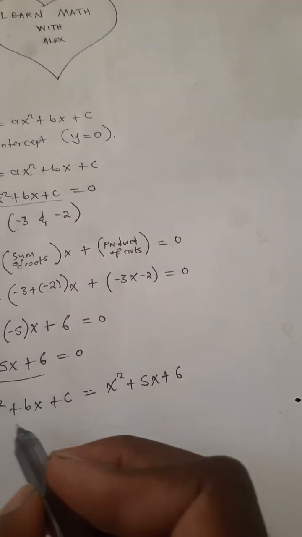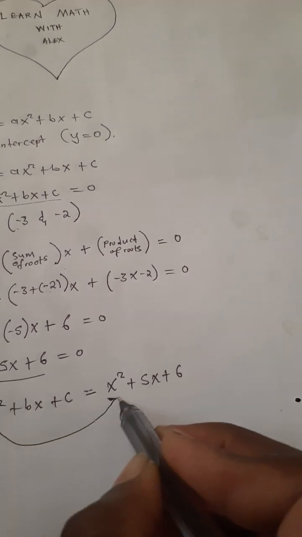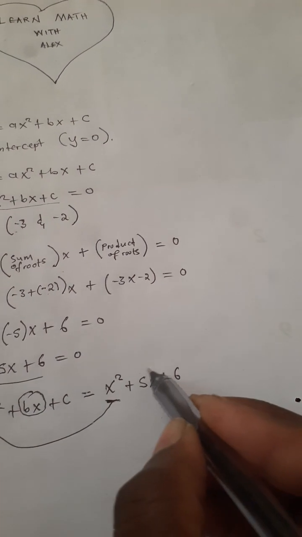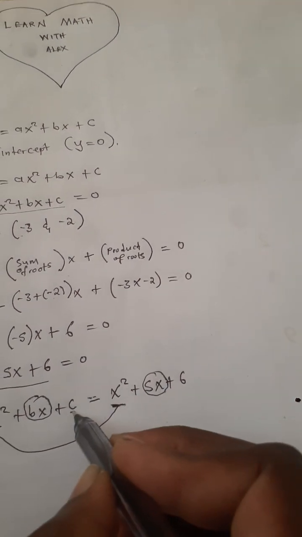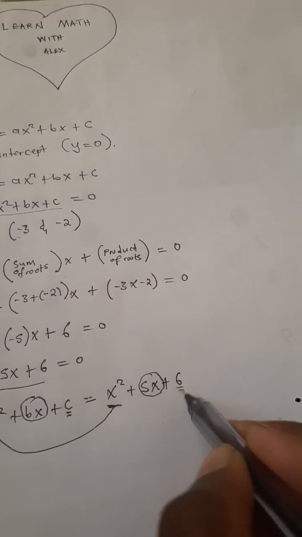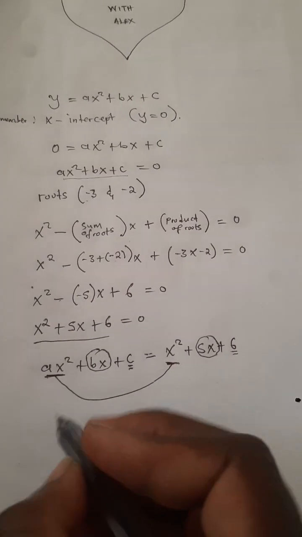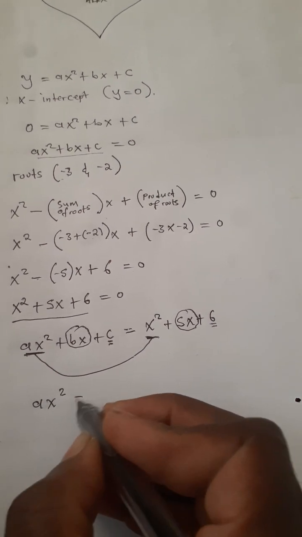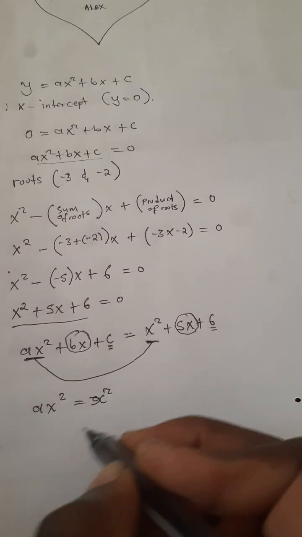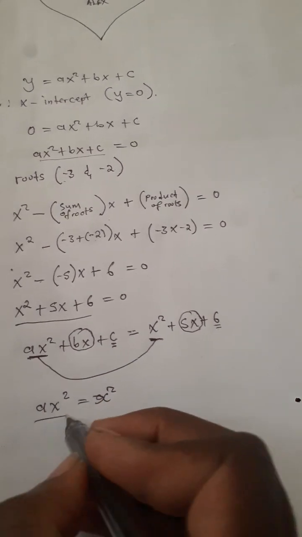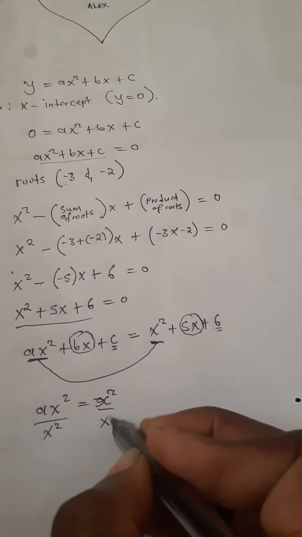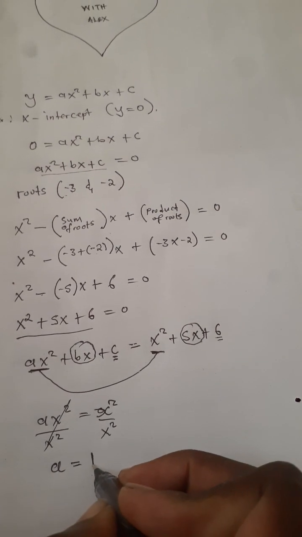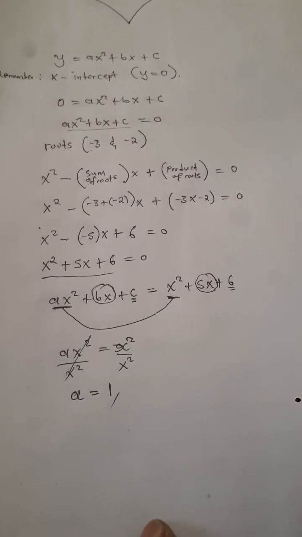The x squared term must be equal to the x squared term, the bx term to the 5x term, and the constant c to the constant. So ax squared must be equal to x squared, the x squared cancels, and the value of a is 1.